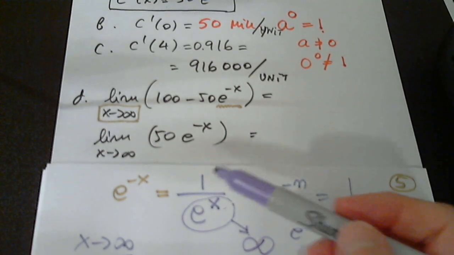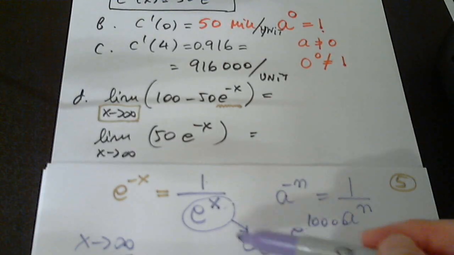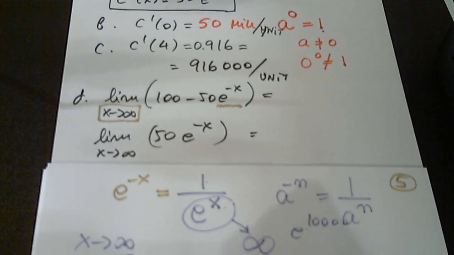But now the question is, where is 1 over infinity going? Where will this go? I divide $1 among 10 million people. When I get to your door, how much will be left over? Zero.